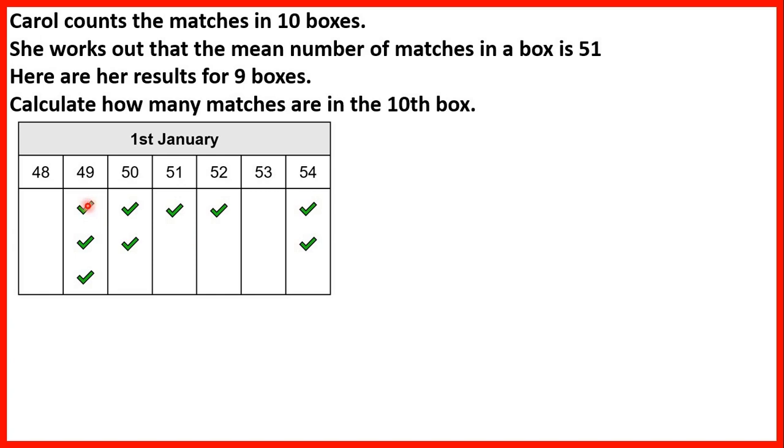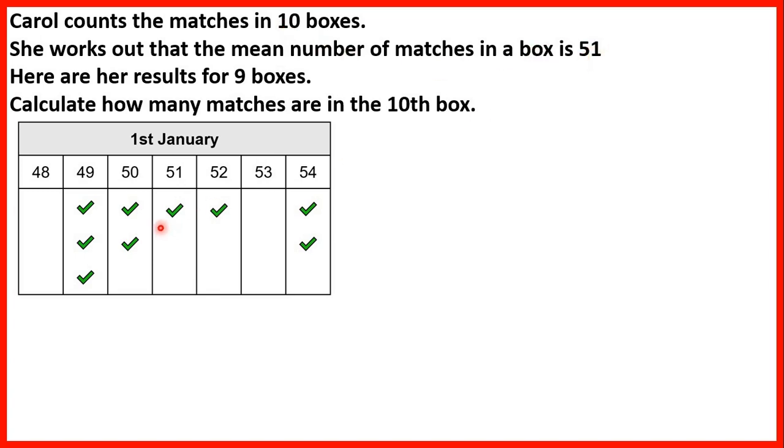So one way to solve this question is to find the total number of matches that we have in the 9 boxes we're given. So work out 49 plus 49 plus 49 plus 50 plus 50 and so on, and then subtract that answer from 510, because we know that there will be 510 matches altogether, because 510 divided by 10 is 51.